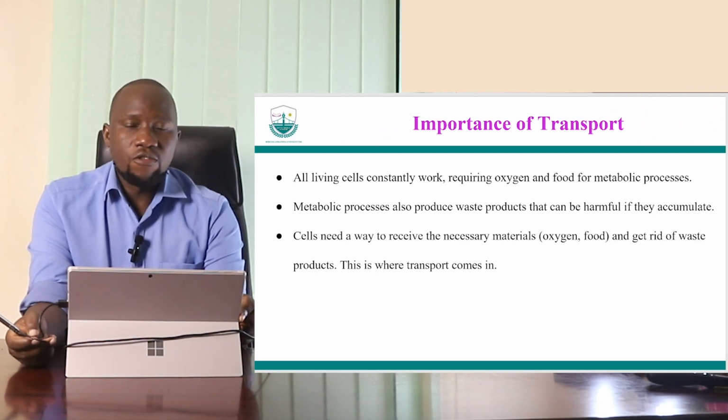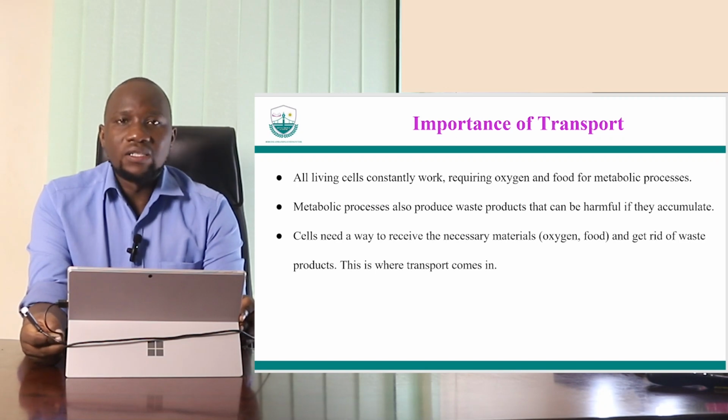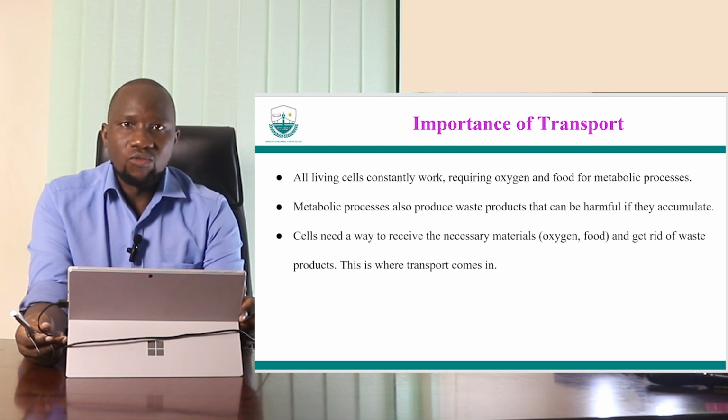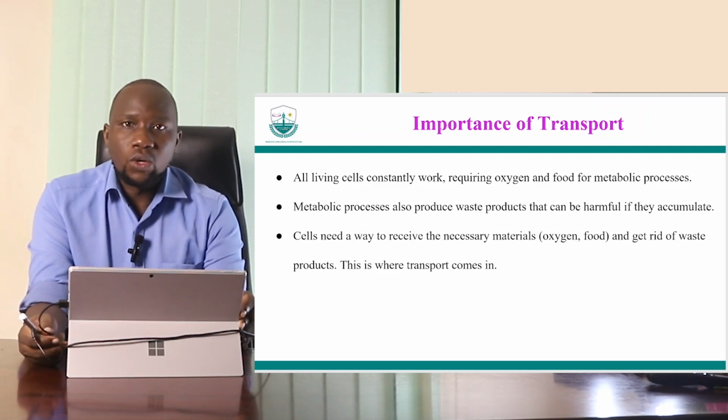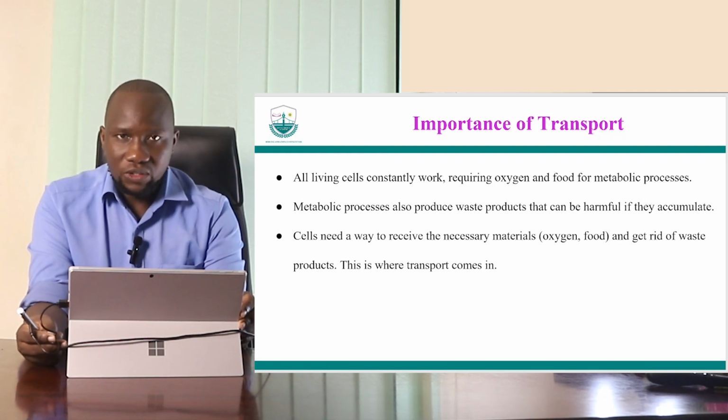Okay, so if organisms don't have appropriate transport mechanisms, then there will be problems in them acquiring what they need. Organisms need nutrients, which we are referring to as food here. They need these nutrients for metabolic processes.